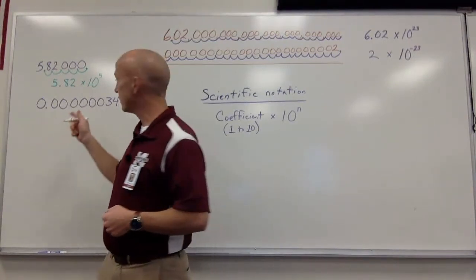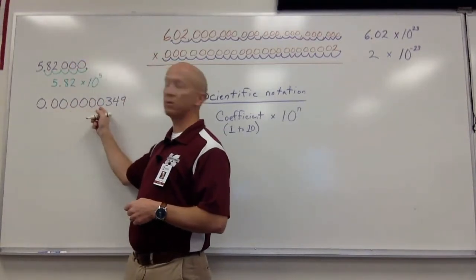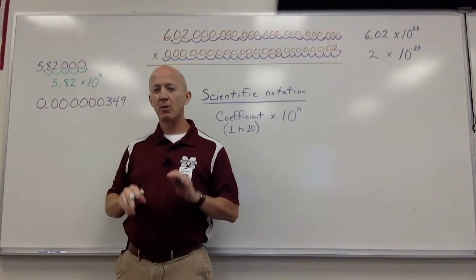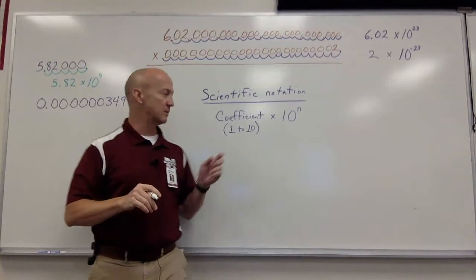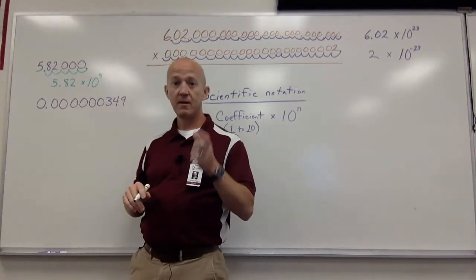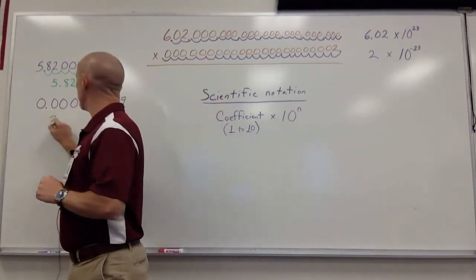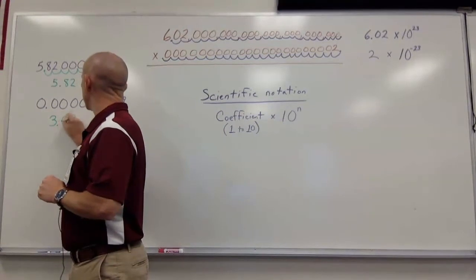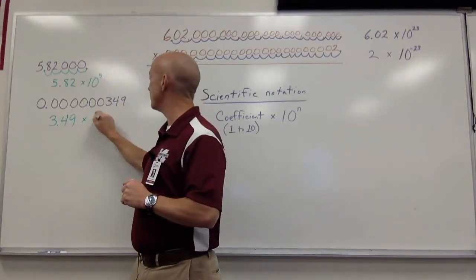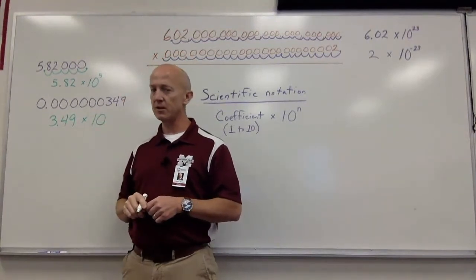Let's try the other one. 0.000000349. First of all, what's our coefficient need to be? 3.49. Good. 3.49. We know it's going to be multiplied by 10 to an exponent. We got to figure out what that exponent is.